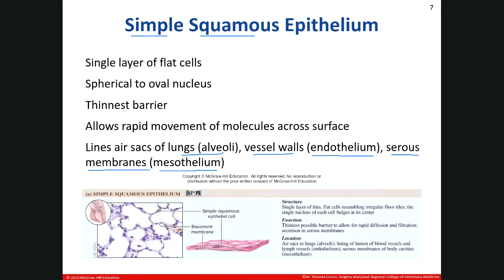What is the basement membrane? The basement membrane, I don't want to call it a connective tissue, but it's connective tissue-like. It just sits right on the basilar portion of the epithelium.